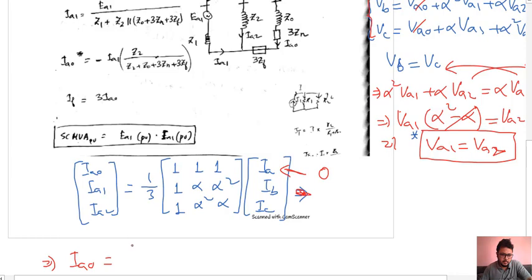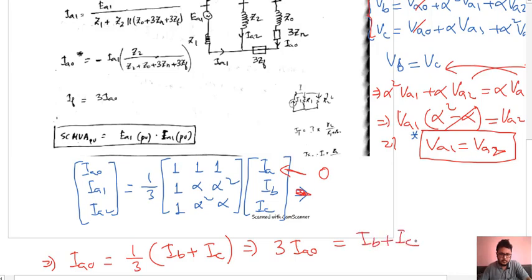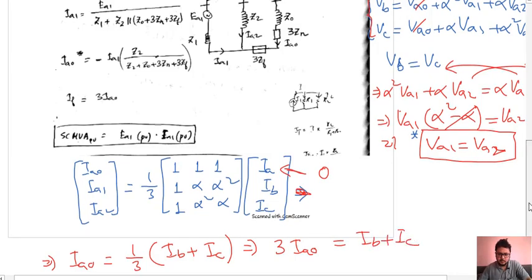Ia naught will be equal to 1 by 3 times of (1 into 0 plus Ib plus Ic), isn't it? This implies 3 times Ia naught equals Ib plus Ic.